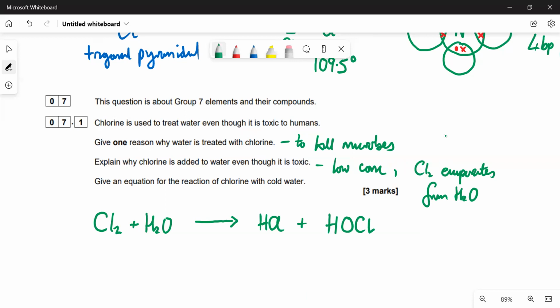Right, that is the reaction there, and it's a disproportionation reaction. Of course, that's oxidation number 0 there, oxidation number -1 there for the chlorine, and here it's oxidation number +1. So the chlorine simultaneously oxidizes and reduces itself.